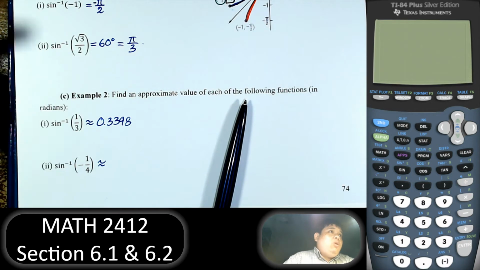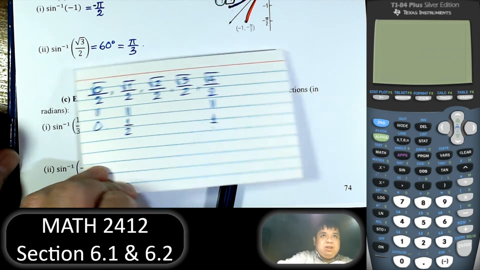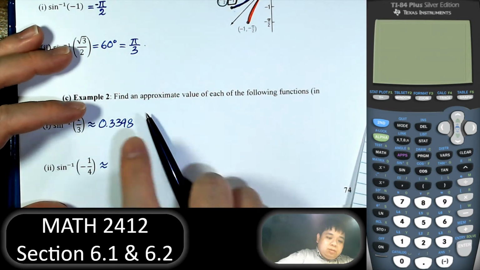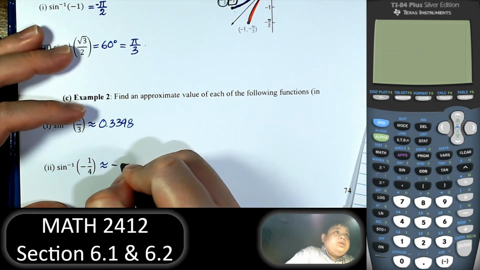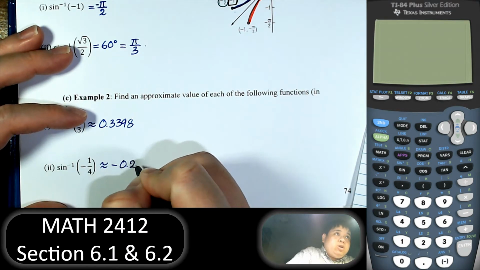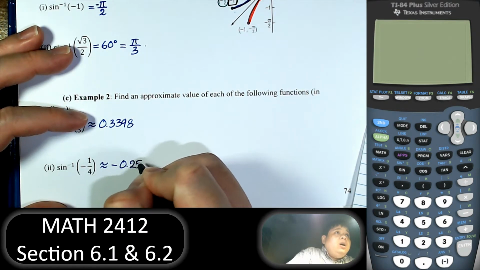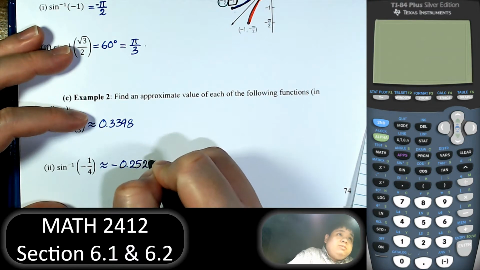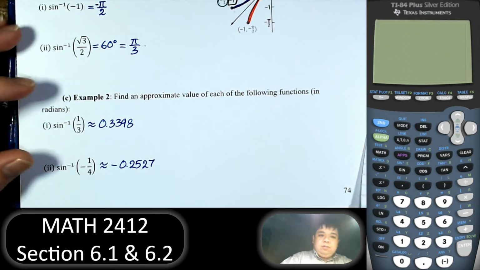And negative 1/4 also is not a nice value. Yeah, these are the nice values. Negative 0.2527, let's say. Right.